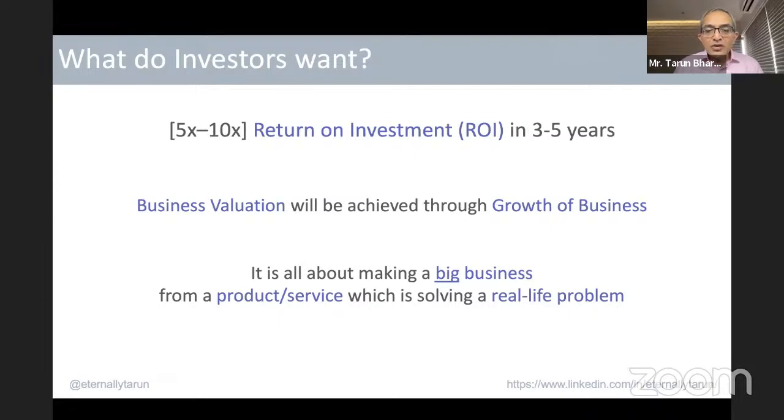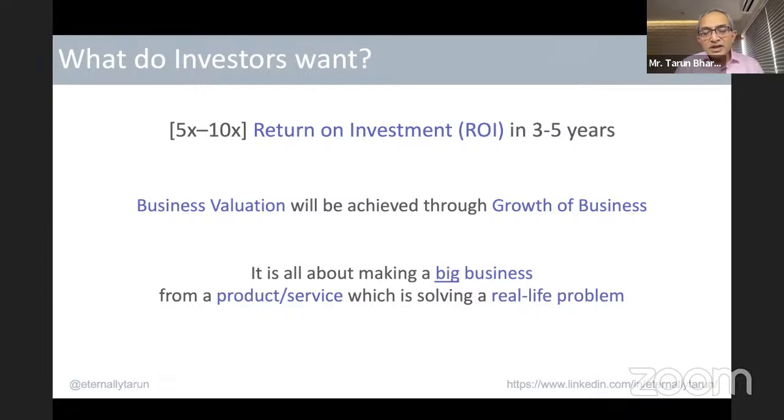Now value and price: the price is the price at which the transaction happens. But value is something that a person who's going to use that product or service perceives it to be.